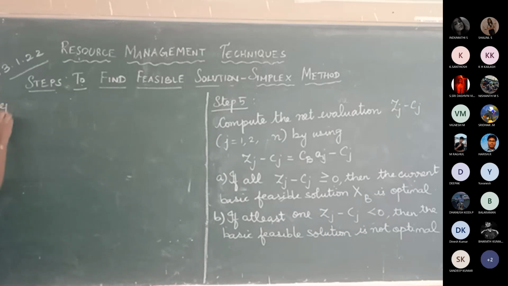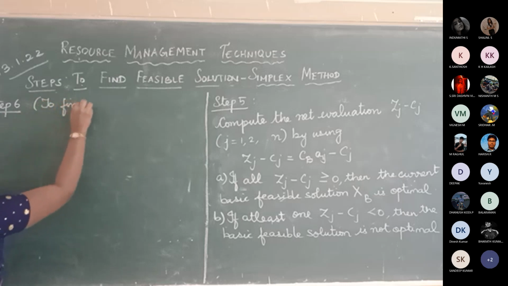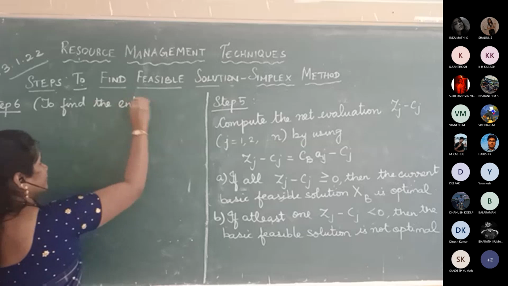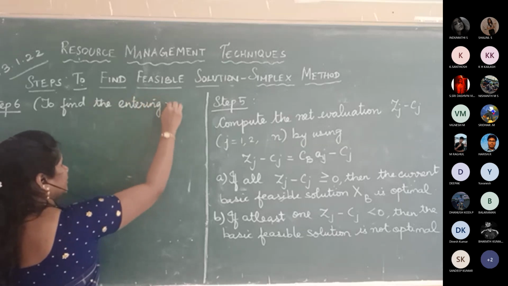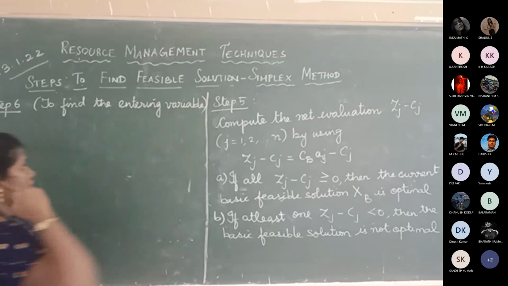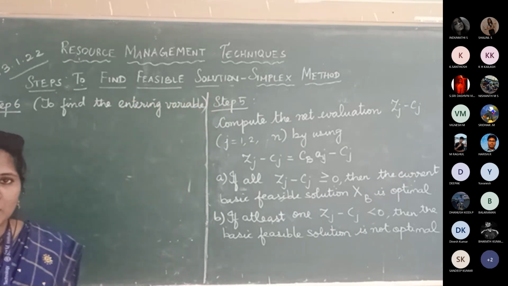Your step 6, we write it as to find the entering variable. So this again, you have to know the tableau column.